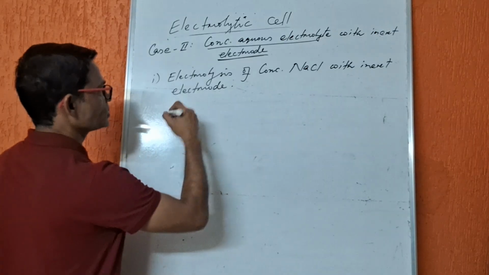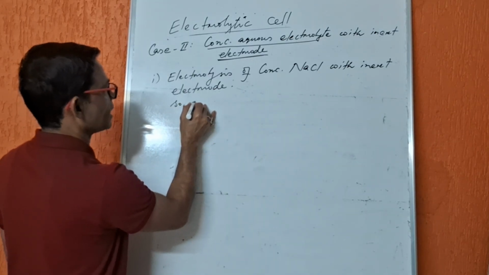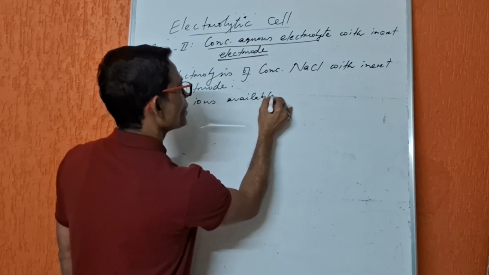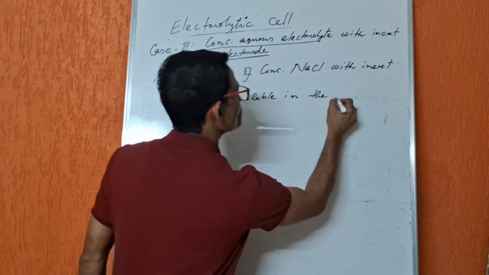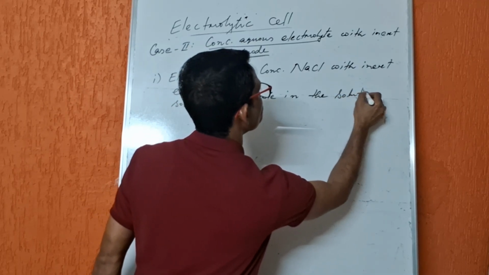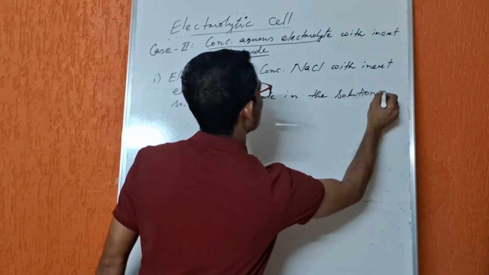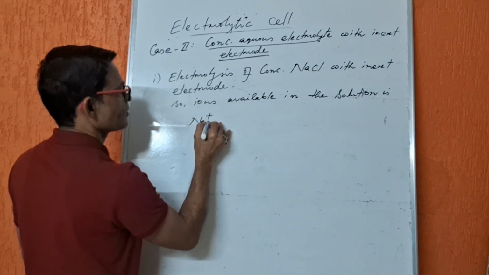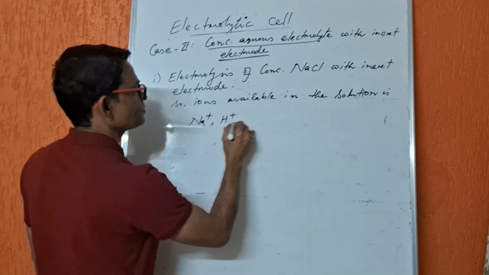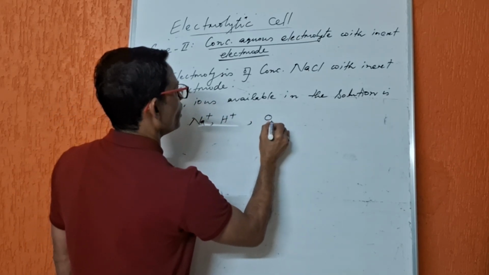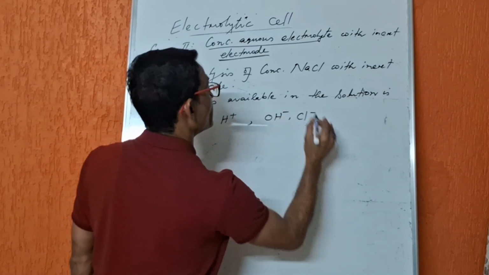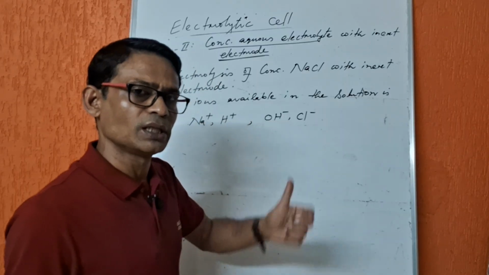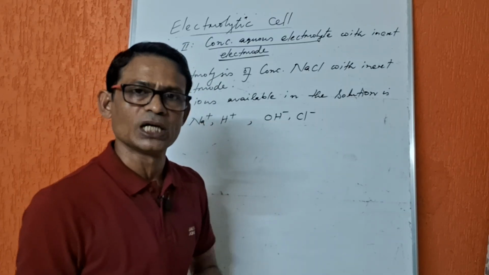So the ions available in the solution are Na plus, H plus, OH minus and Cl minus. For the case of aqueous solution, there are two types of cation and two types of anion.